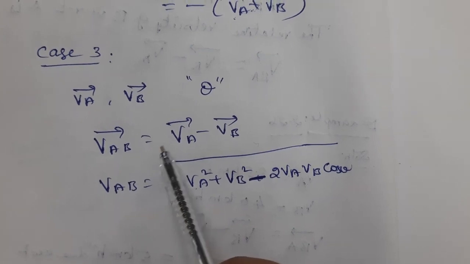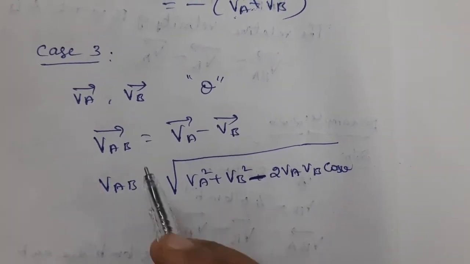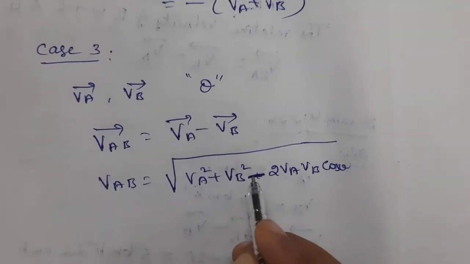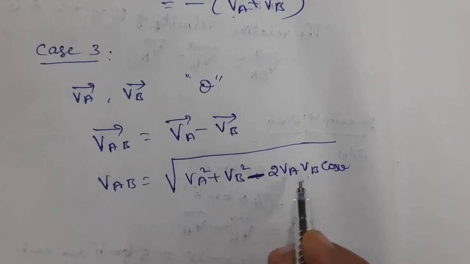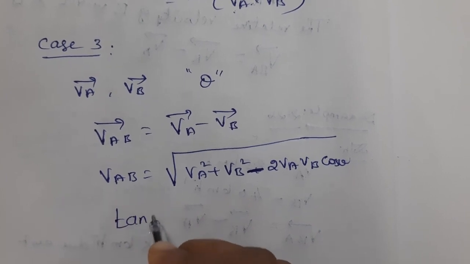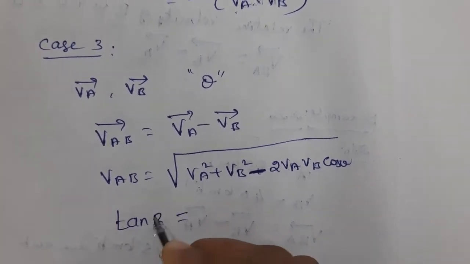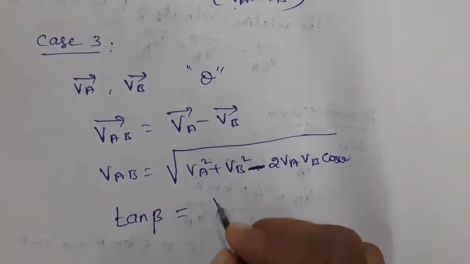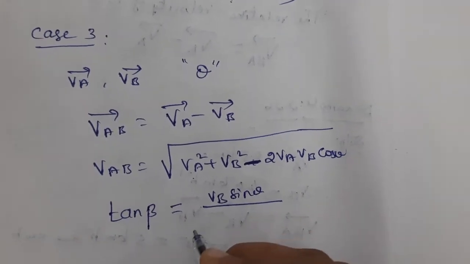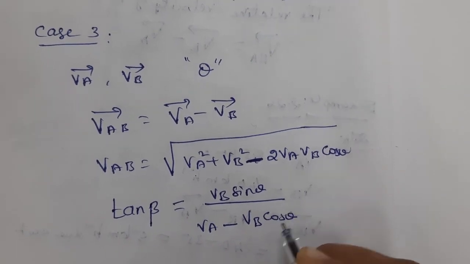VAB equal to VA minus VB, that is the magnitude of VAB is given by root of VA square plus VB square minus 2 VA VB cos theta. Also the direction. The direction we can write in terms of tan beta. Beta is another angle. So we can write VB sin theta divided by VA minus VB cos theta.